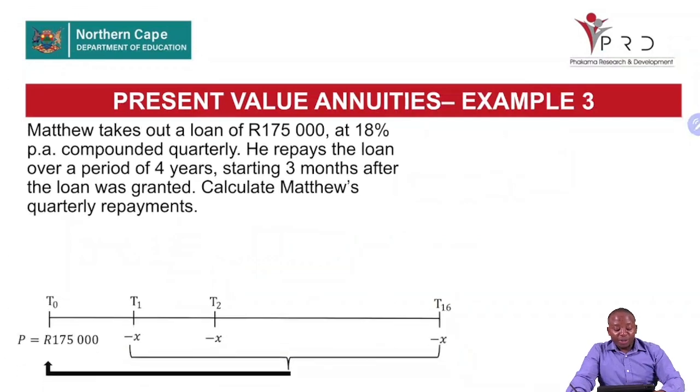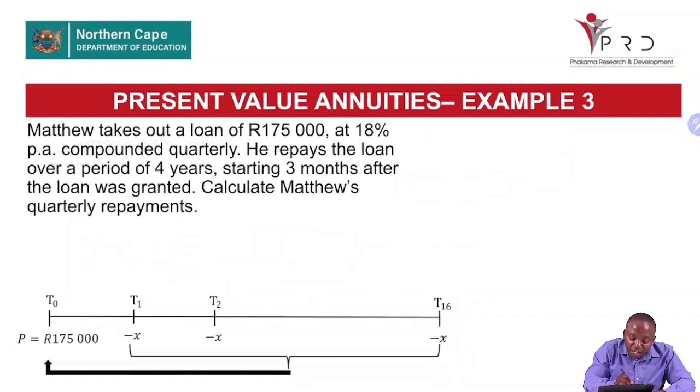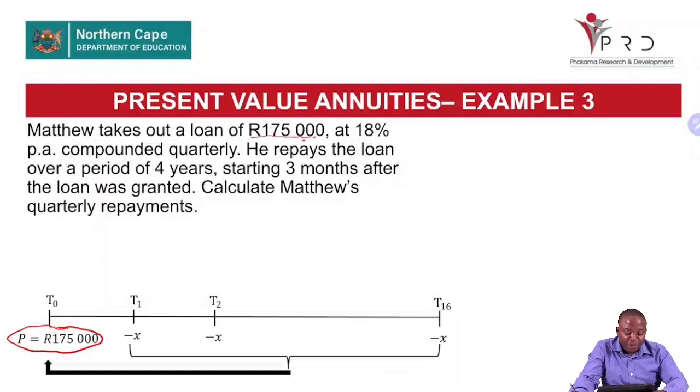So, with this information, remember, we populate it in our timeline. So what are we told? Matthew takes out a loan of 175,000. So this loan is already given to him. So it's the present value. So Matthew was given 175,000 at T0 at 18% per annum compounded quarterly.